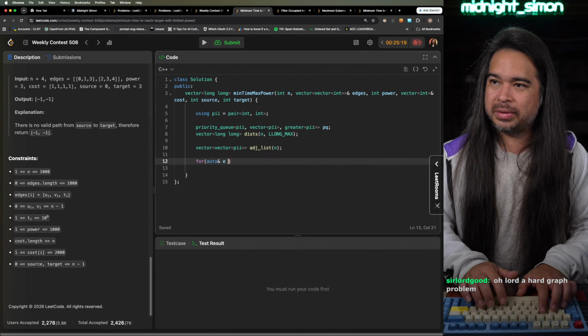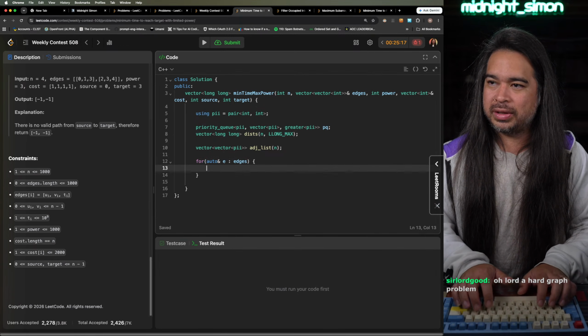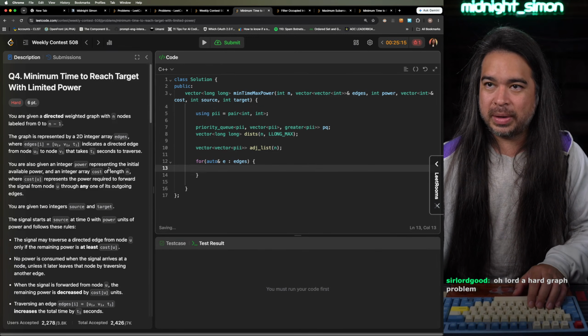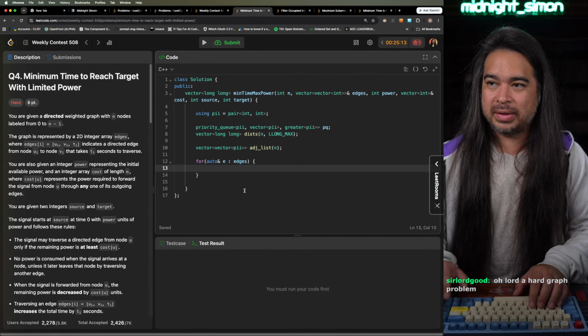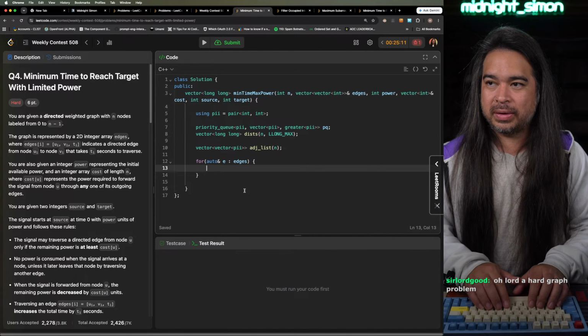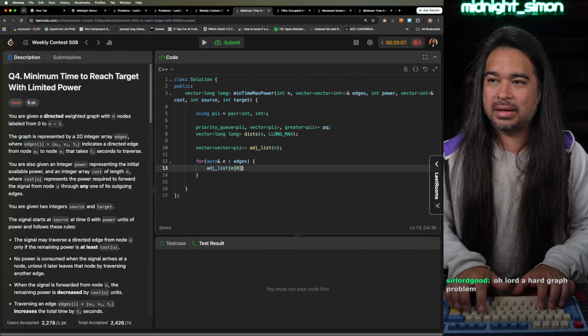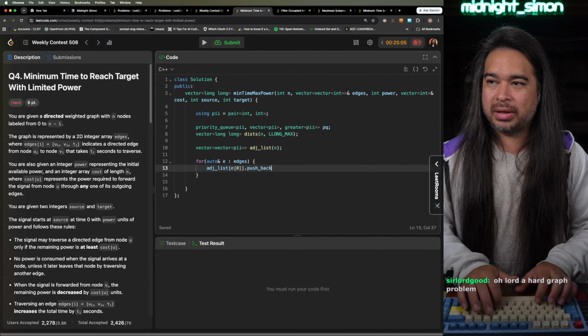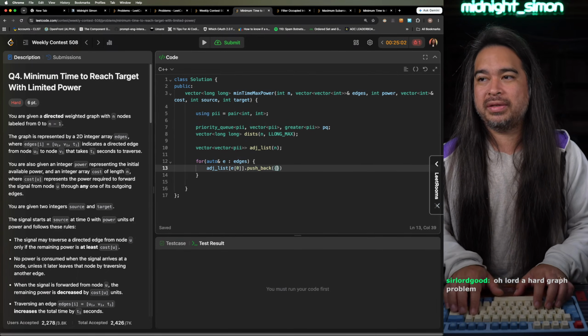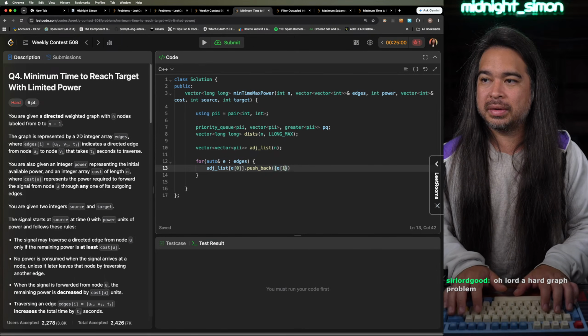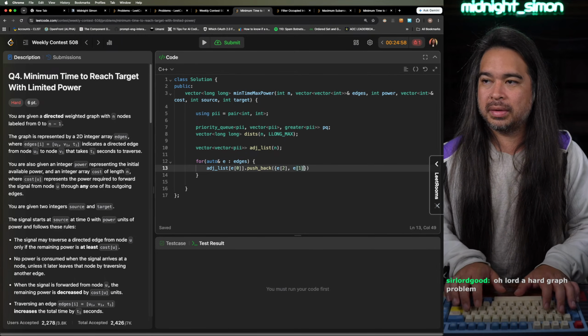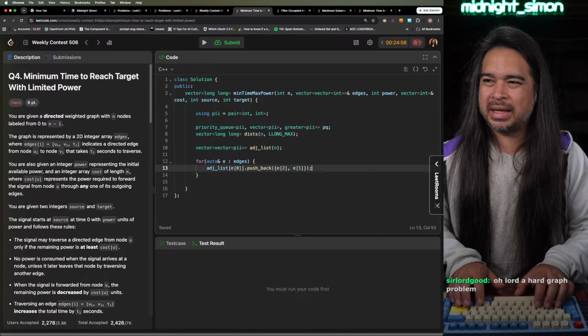Alright, so now we iterate through the edges, and it's directed and weighted. So it goes like in my adjacency list, and push back, and I want to put the weight first. Maybe. I don't think it really matters for this one.